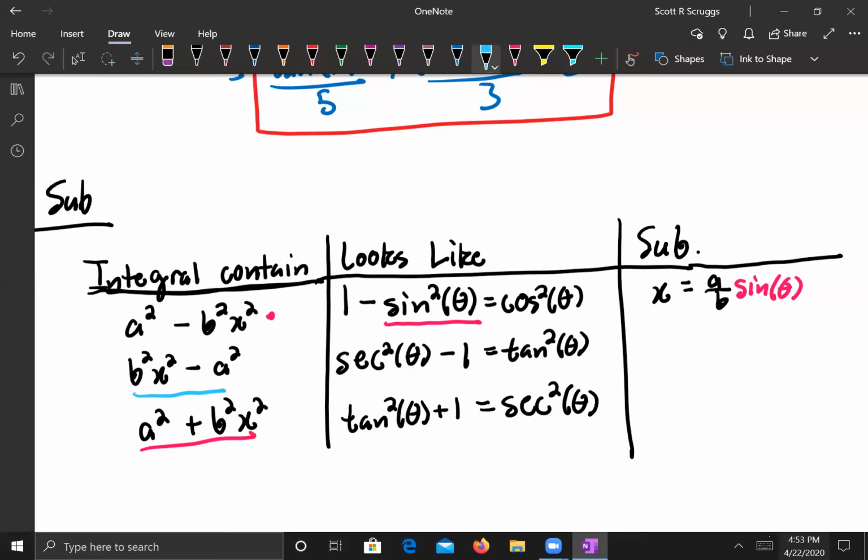For the second integral, if my integral contains b squared times x squared minus a squared, my same mentality is, I want to use that trig identity that it looks like. And so for the second row, my trig sub will be x equals a divided by b times secant of theta.